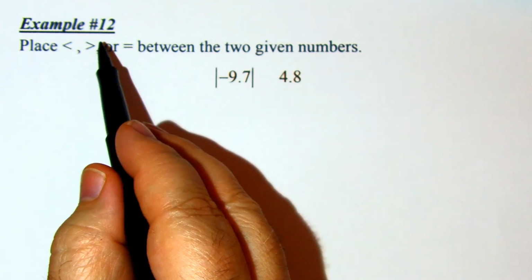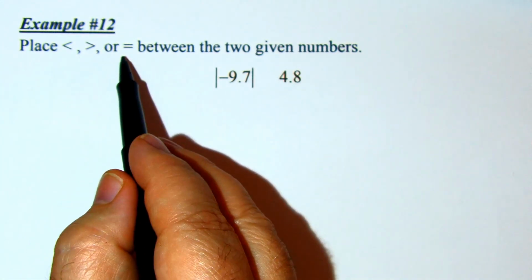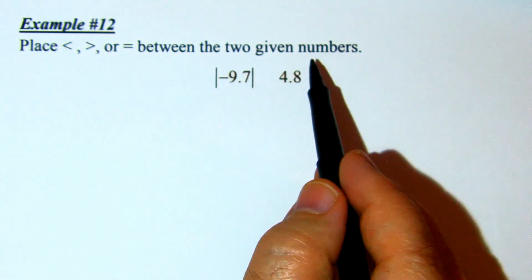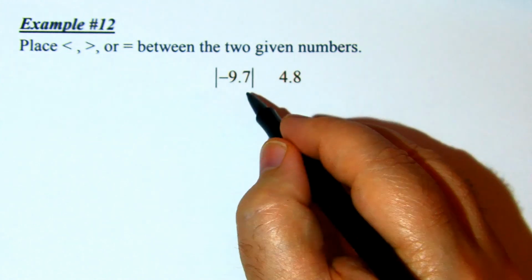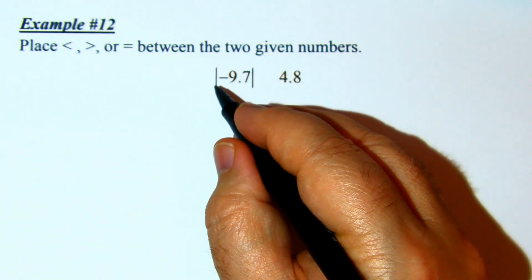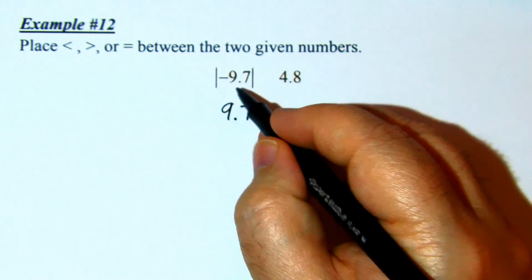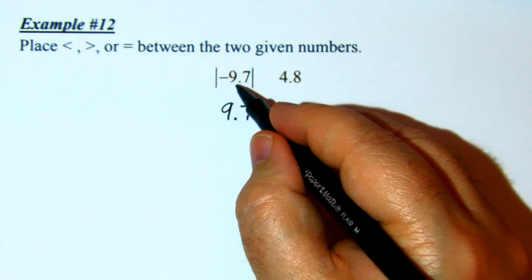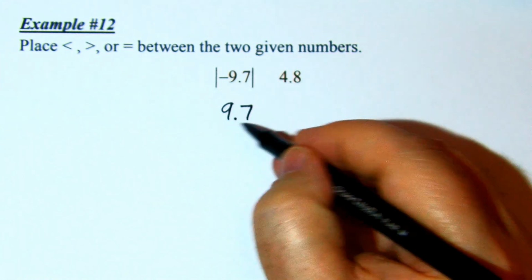Example number 12. Place a less than, greater than, or equal to between the two given numbers. To begin with, we need to evaluate this expression because it has an absolute value. And so the absolute value of negative 9.7 is simply 9.7. The distance that negative 9.7 is from 0 on a number line is 9.7 units.